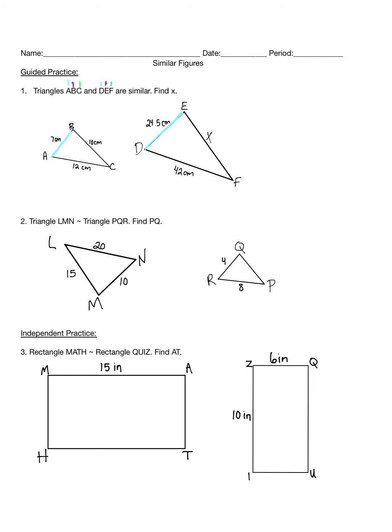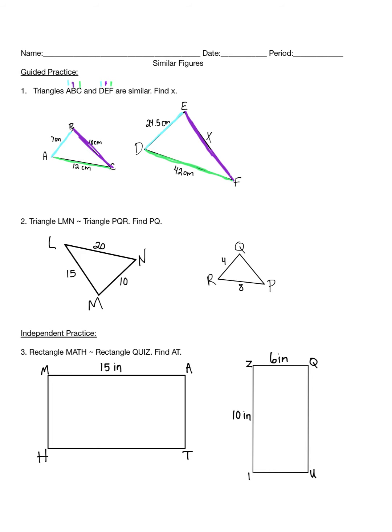Then we'll do B to C would be similar to E to F. And lastly, C back to A, okay, and F back to D. All right, so now that we've kind of visualized here what exactly is going on, we want to find x.